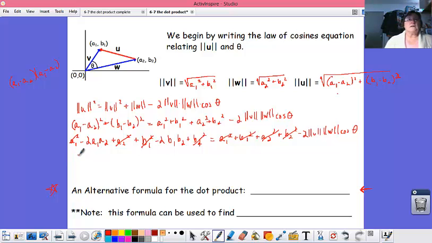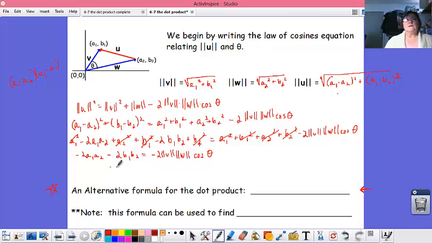If you collect what's left, we're looking at minus 2 a1 a2 minus 2 b1 b2 equals this negative 2 magnitude of v magnitude of w cosine theta.